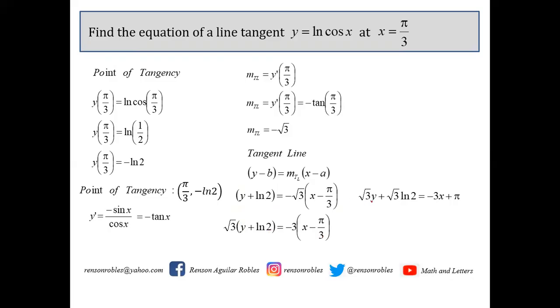So you have square root of 3 y plus square root of 3 ln 2, and then you just introduce this negative 3 to each term in x minus pi over 3. And that is given by negative 3x plus pi. And then finally, the equation of the tangent line is given by 3x plus square root of 3 y minus pi plus square root of 3 ln 2 equals 0.